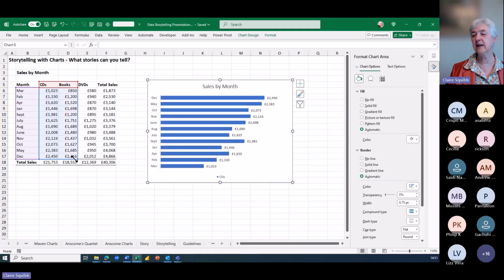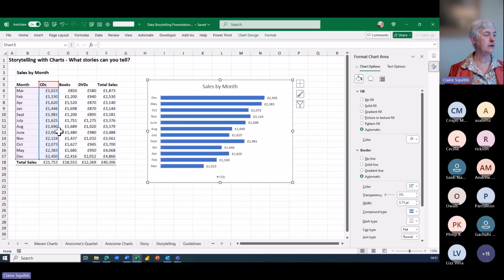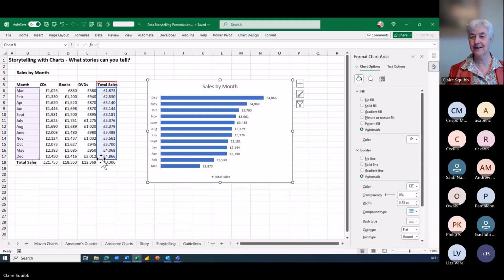You can fiddle around with change data, but to be honest, it's really quite hard work. So I had a three-way chart. I just shrank it to be one column wide by using this drag handle at the bottom, and then used the move handle to move that whole series right so that I was picking up the total sales.